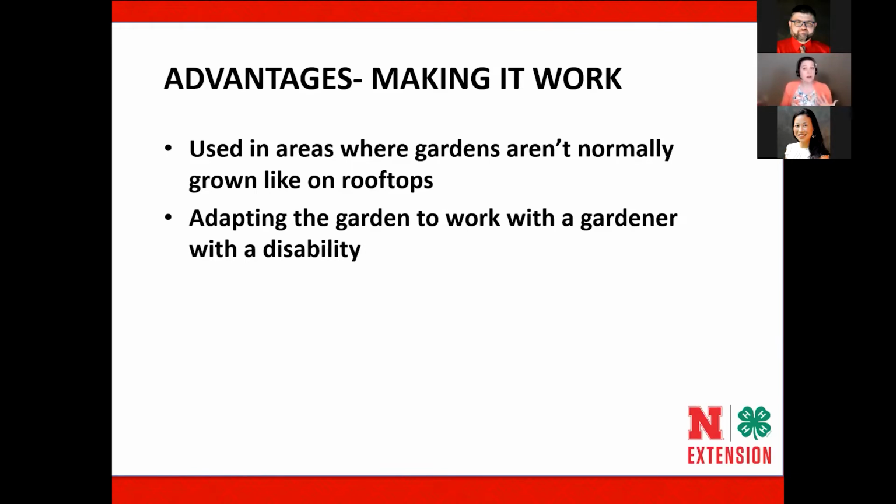The gardener doesn't have to reach as far. We don't have to bend over or get on our knees to pull weeds anymore. We can sit on the cheek wall at seating height and pull weeds. We can do the maintenance of our vegetable garden from that location and not have a safety hazard or worry about falling or getting hurt.